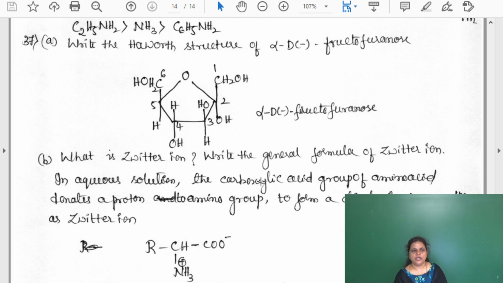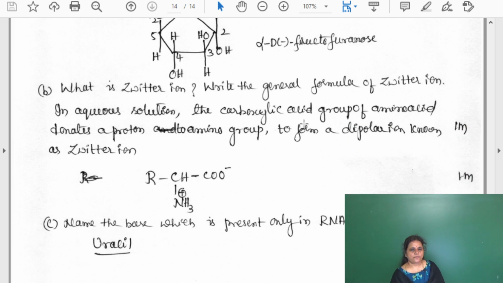In the alpha structure, at the second carbon the CH2OH is looking upward, and OH will be in a downward direction. So this is the structure of alpha D fructofuranose. 1 2 3 4 5 6, the arrangement of groups must be correct, and it carries 1 mark.